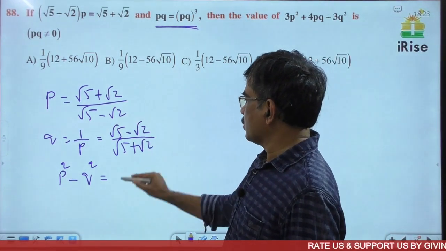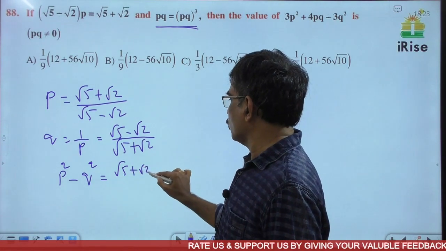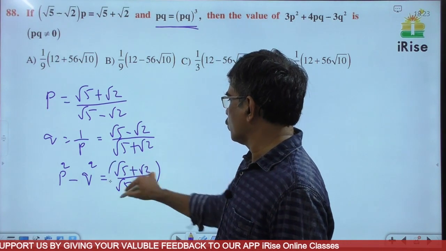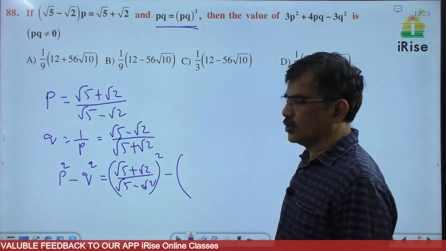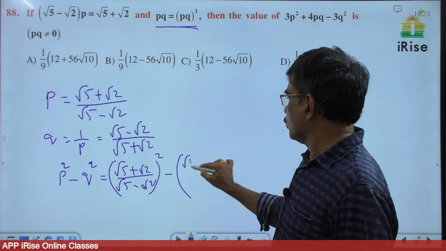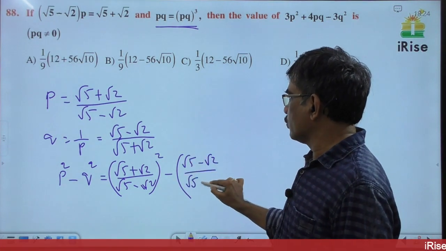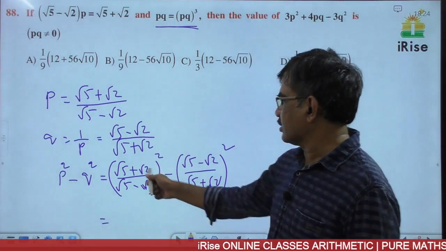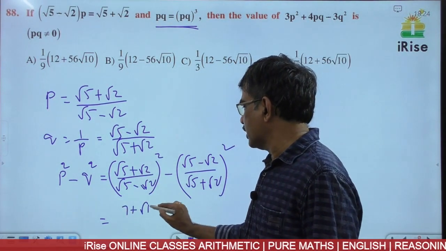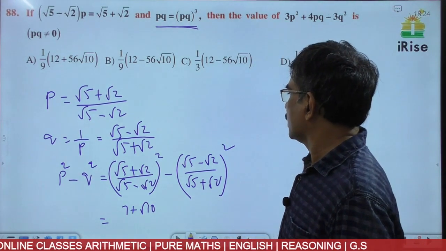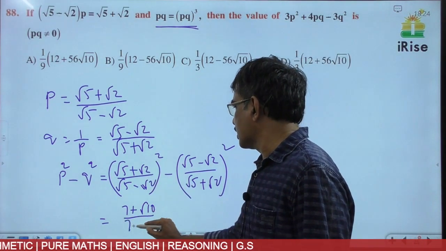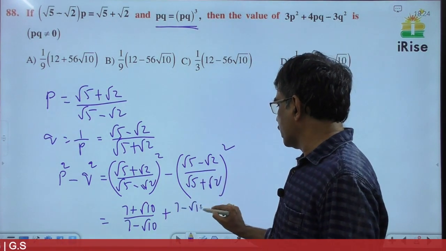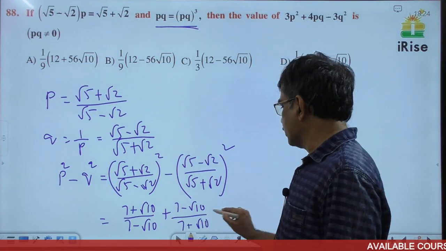Here this is p square, (root 5 plus root 2 by root 5 minus root 2) whole square, minus (root 5 minus root 2 by root 5 plus root 2) whole square. Then what we get? Actually after squaring this is nothing but 7 plus root 10 by 7 minus root 10, minus 7 minus root 10 by 7 plus root 10.